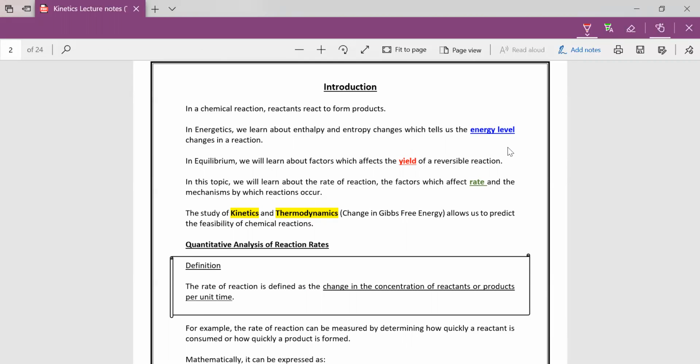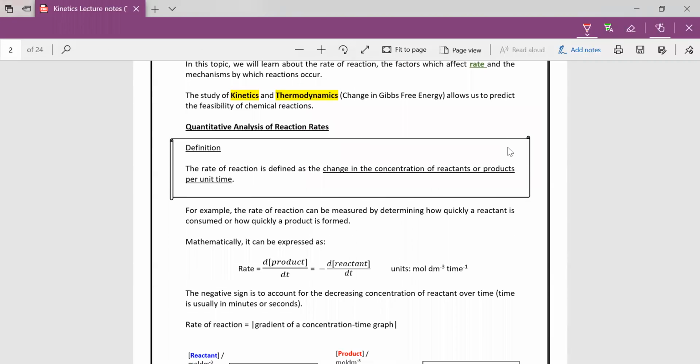All right. First, we're going to look at the quantitative analysis. Quantitative means that we are going to need to do some calculation. All right, so our first definition of the day: the rate of reaction is defined as the change in the concentration of reactants or products per unit time.